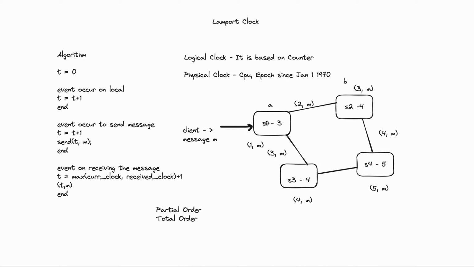So we have 4 nodes that are connected, and just for understanding, we can add one more node here, and the message that is sent from this node to this node will increment the 4 and it will be 5 comma m.